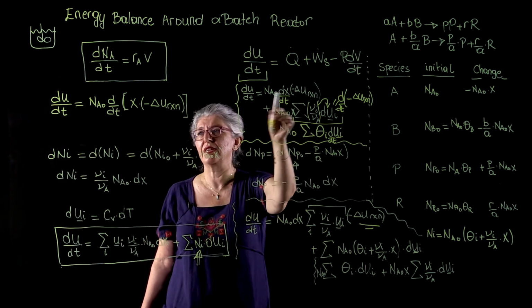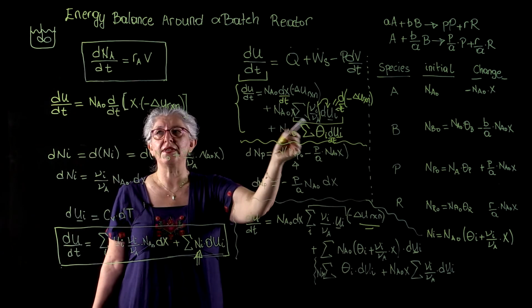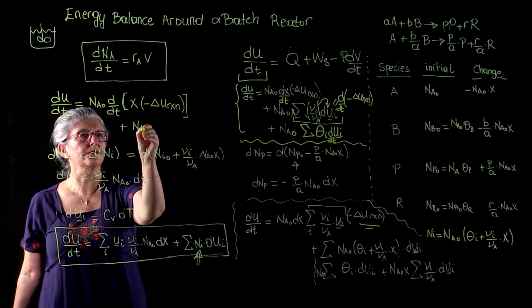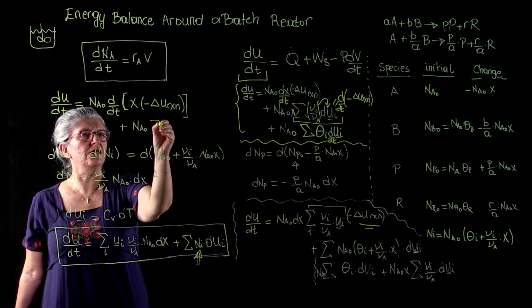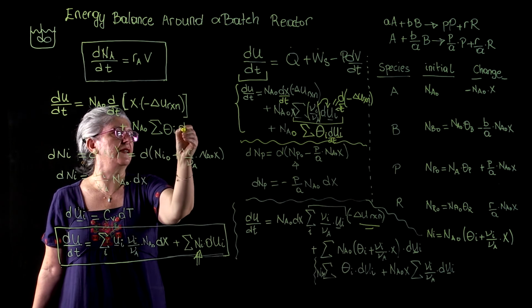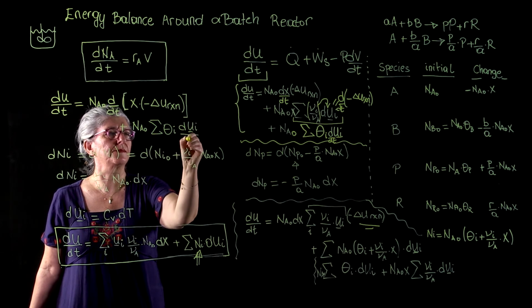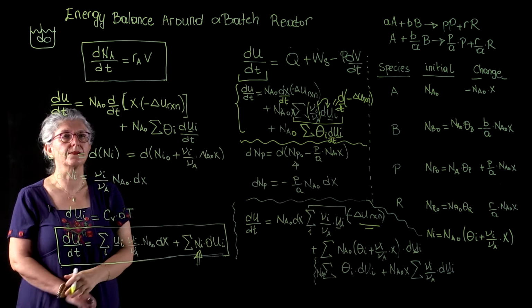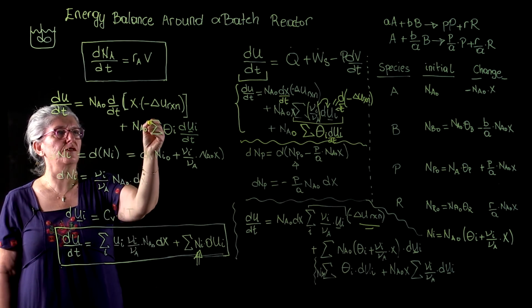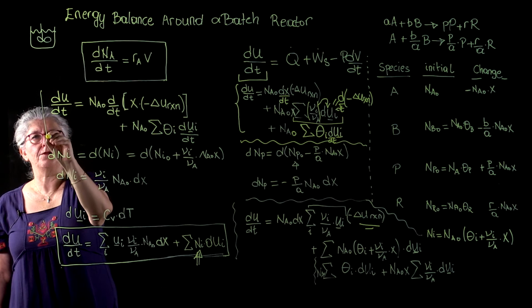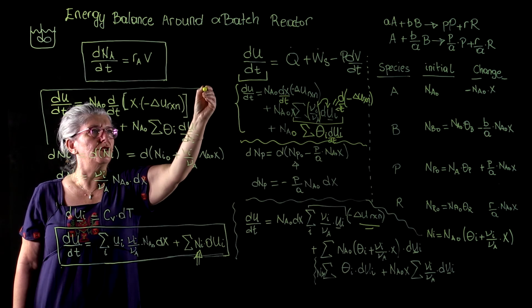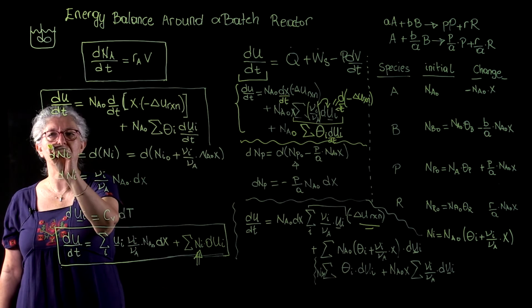These two terms can be combined as such, plus Na0 summation of theta I dui over dt. So this is the most general form of the internal energy term of the reduced first law expression for a batch reactor.